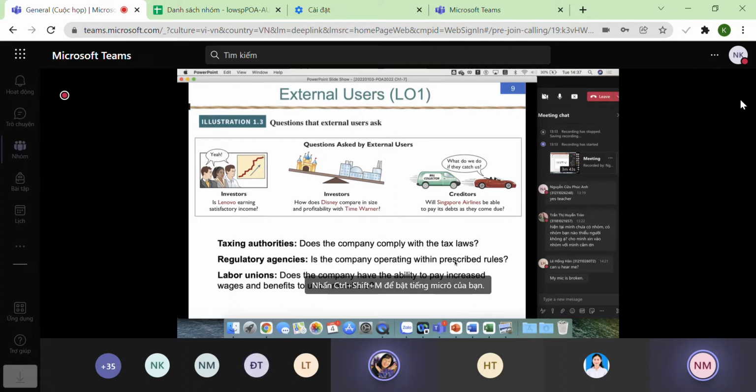So among external users, investors and creditors have a direct benefit from the company. The others have an indirect benefit from the company. So when the accounting system provides information, we focus on the ones who have direct benefit from the company. That is creditors and investors.